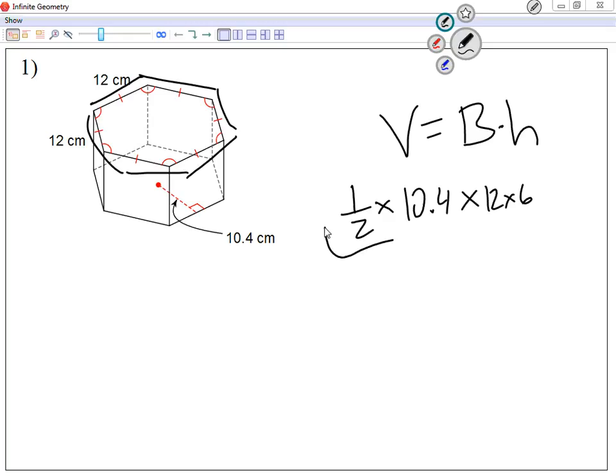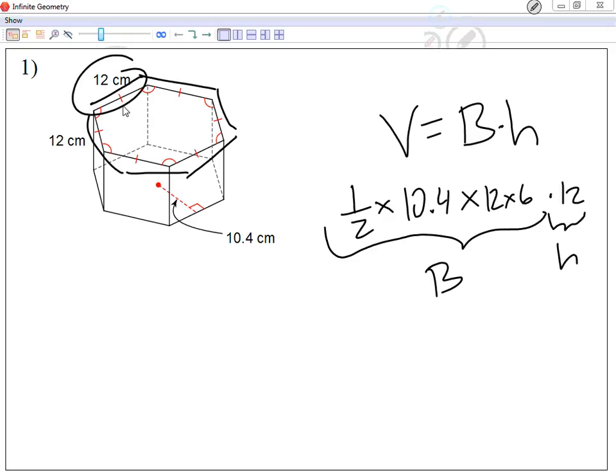So all this is the area of the base. What I get from there, I'm going to multiply by 12, which is the height. Remember, the 12 for the area of the base is there. Now the height is this other 12.